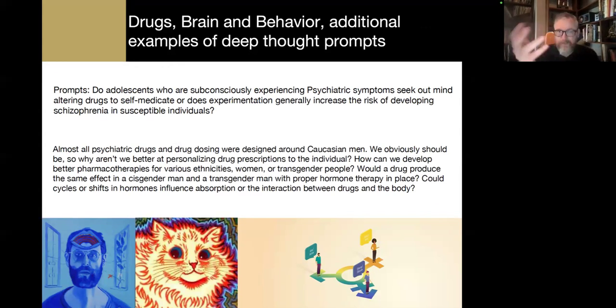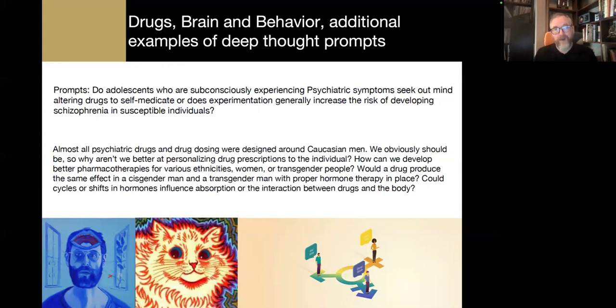Do adolescents who are subconsciously experiencing psychiatric symptoms seek out mind-altering drugs to self-medicate? Or does experimentation generally increase the risk of developing schizophrenia in susceptible individuals? Almost all psychiatric drugs and drug dosing were designed around Caucasian men. We obviously should be, so why aren't we better at personalizing drug prescriptions to the individual?